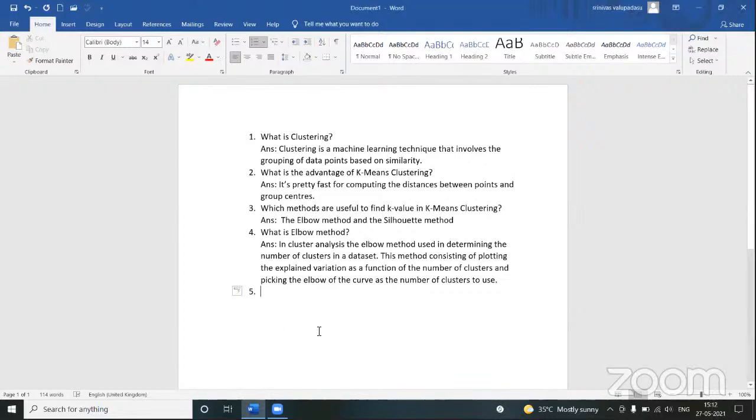Next question. How do you use the silhouette method in a K-means cluster?